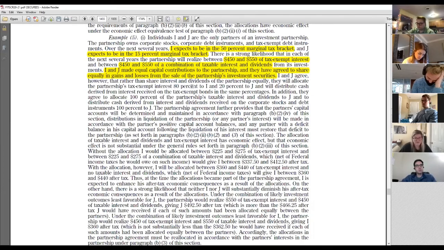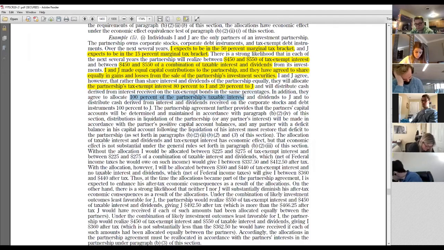And instead of allocating the tax exempt interest 50-50, they're going to allocate the tax exempt interest disproportionately to I, the high bracket payer, and they're going to allocate the ordinary income disproportionately, 100%, to the low bracket partner. So that's what they're going to do.